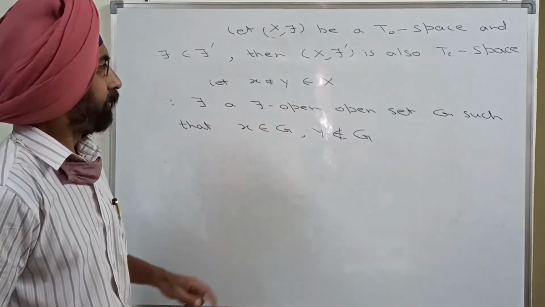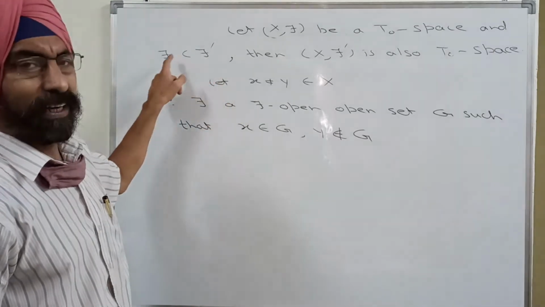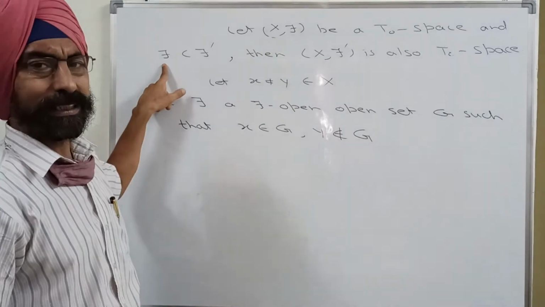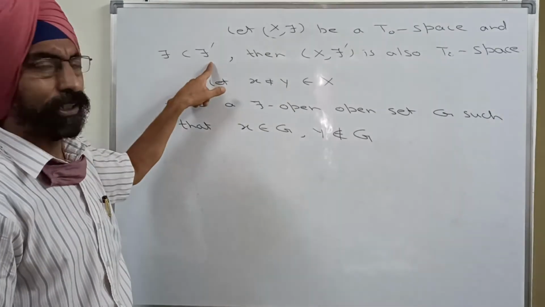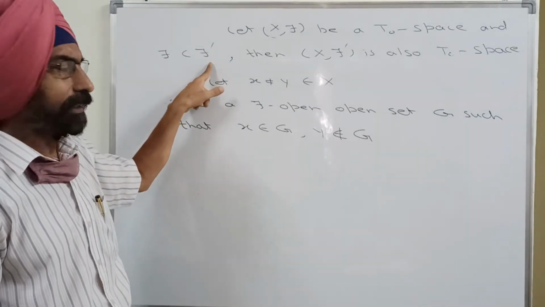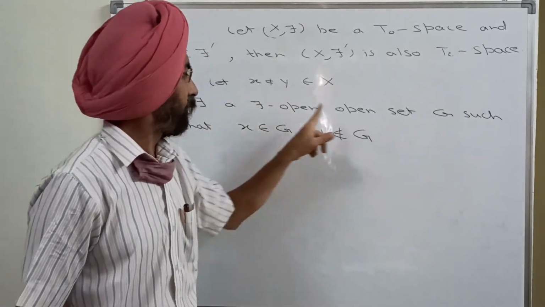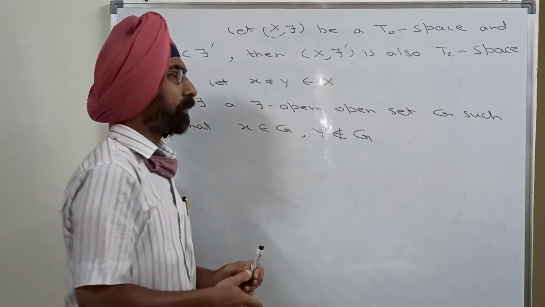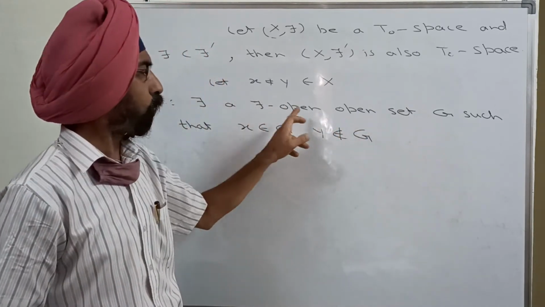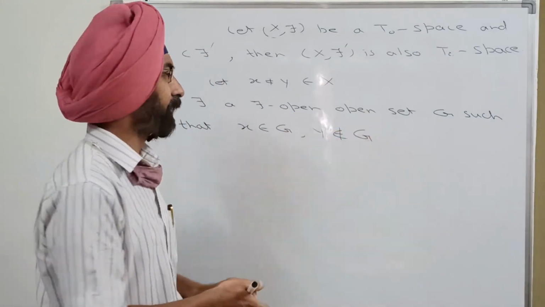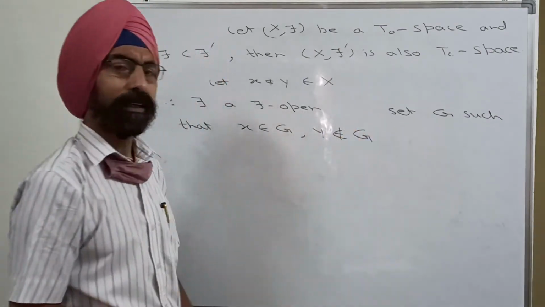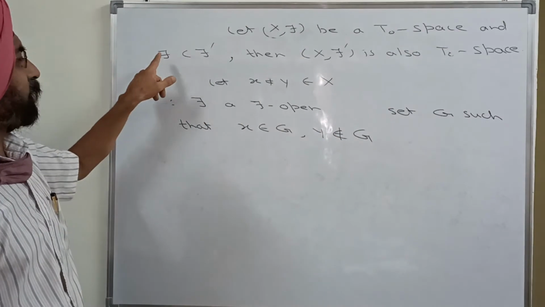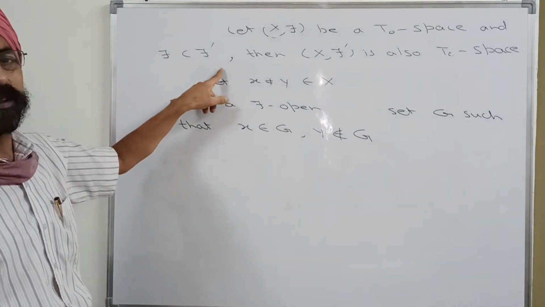Now, tau dash is finer than tau. That means every tau open set is also a tau dash open set. G is a tau open set, and every tau open set is tau dash open set.